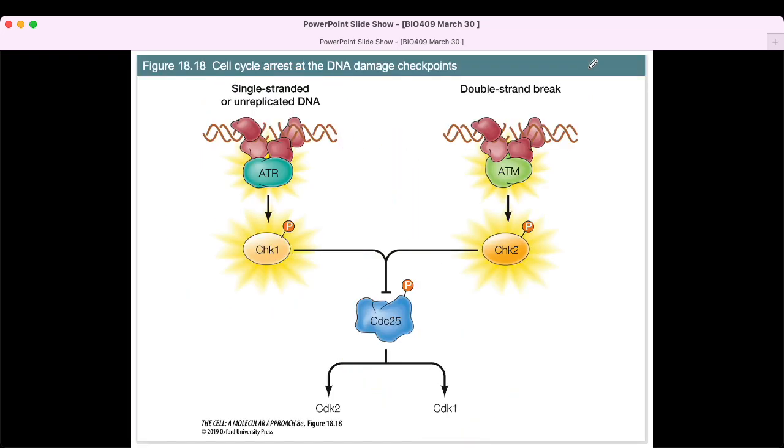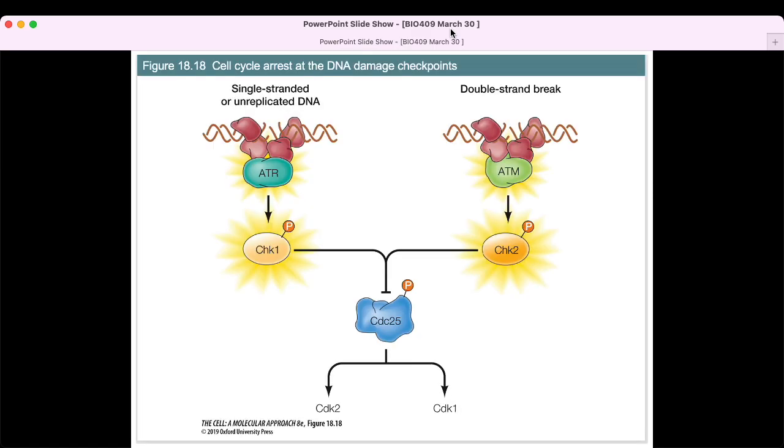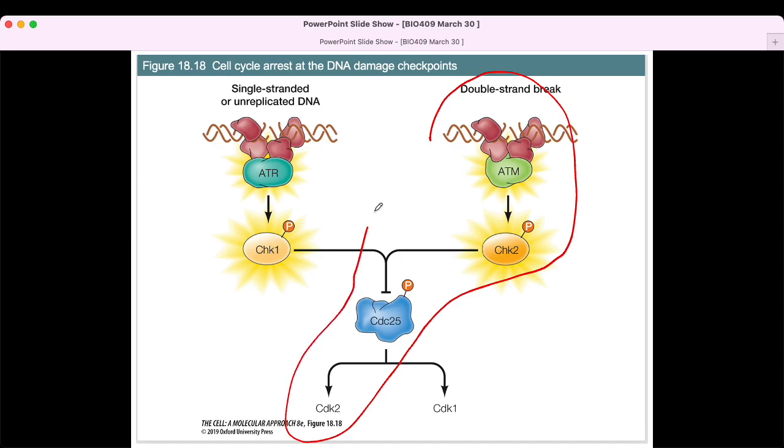Okay, so we're back to this figure, and now we're going to say that this figure is just showing another way of regulating the DNA damage response. We learned about P53, and this shows another way of regulating that DNA damage.